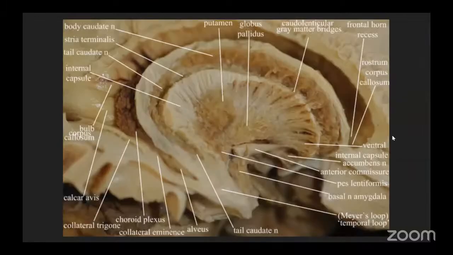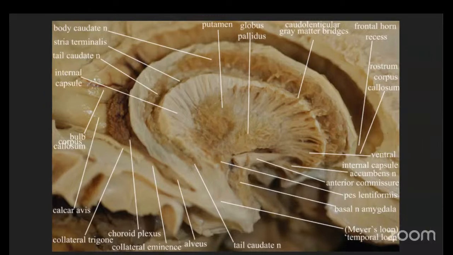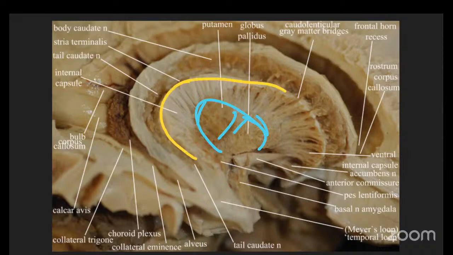Now, if you look at this beautiful, beautiful dissection, you'll see that it shows all the structures that we have discussed so far. Let me draw. So, you see the putamen, and the putamen has been cut to show the globus pallidus. So this portion here is the lentiform nucleus. Apart from the lentiform nucleus, we have this internal capsule, and you can see its orientation completely here.